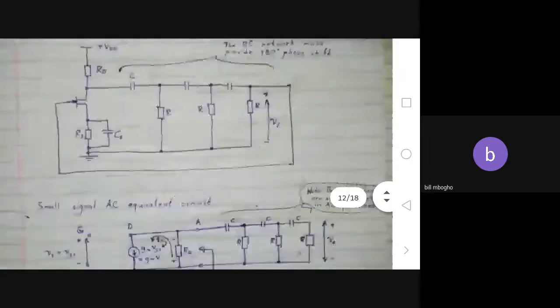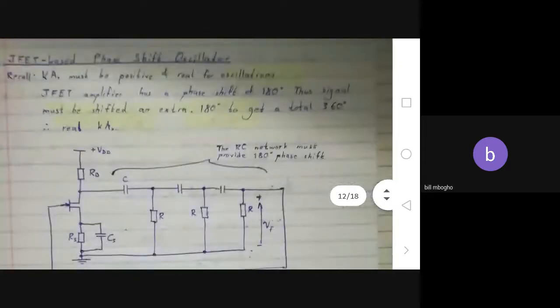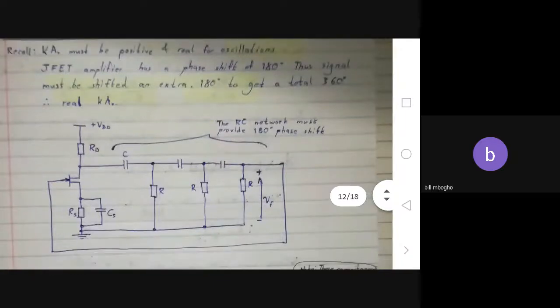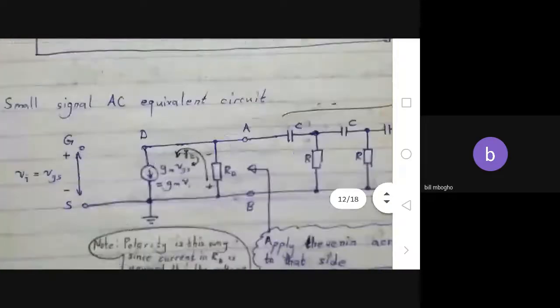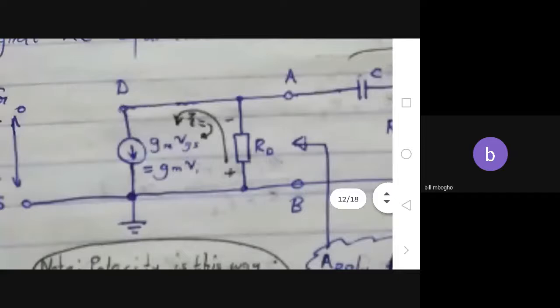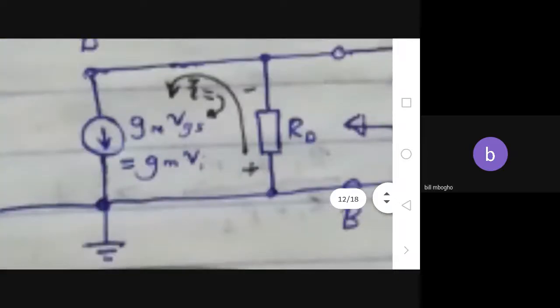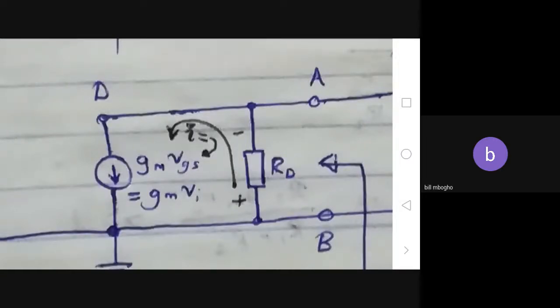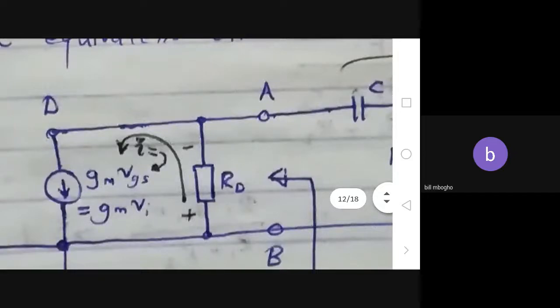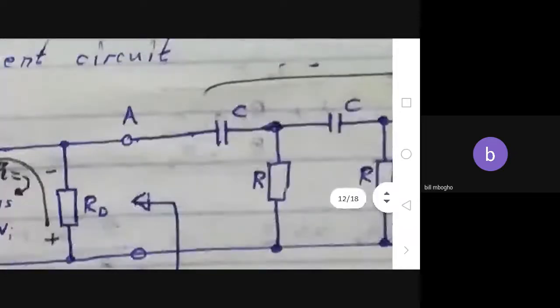One of the conditions for this circuit is that RD must be a lot smaller than R for the calculations to become easier, such that the current I through RD is equal to gm VGS. So all the current will flow through RD, not the rest of the circuit.